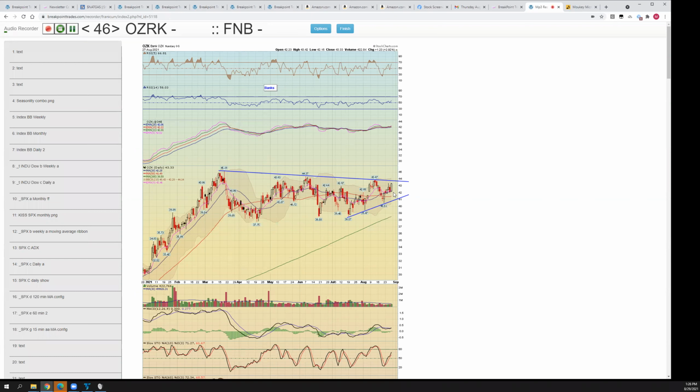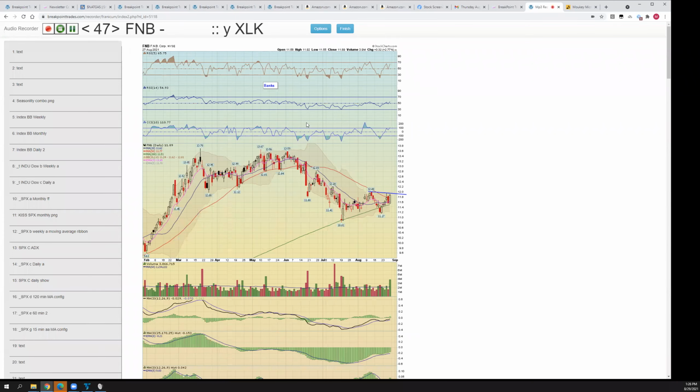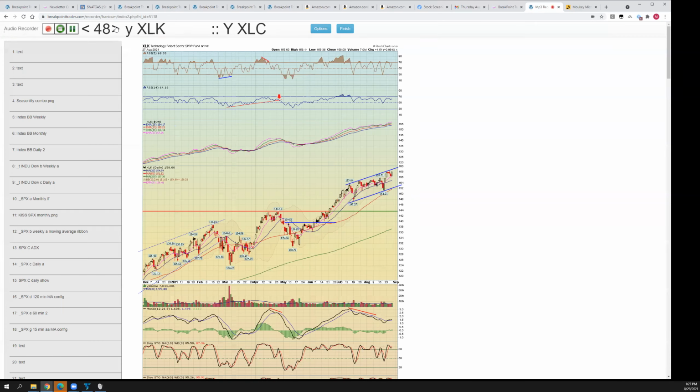You know, stop would be at a higher low for a swing. Next, chart 47 FNB, another bank, resistance right here. I like how the 50-day, 20-day, 100 or 200-day moving average are all kind of coming together here. Nice volume. So if you went long here, your stops could go right here. All right, move on to other sectors.